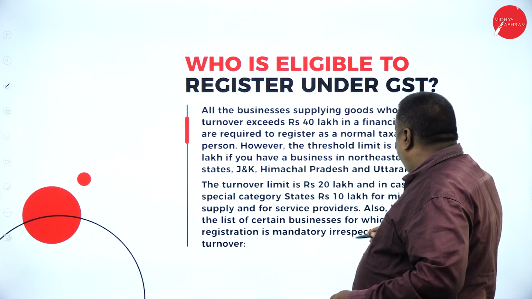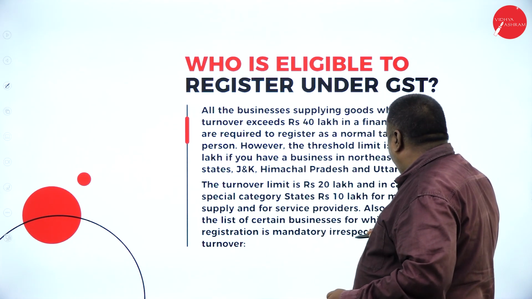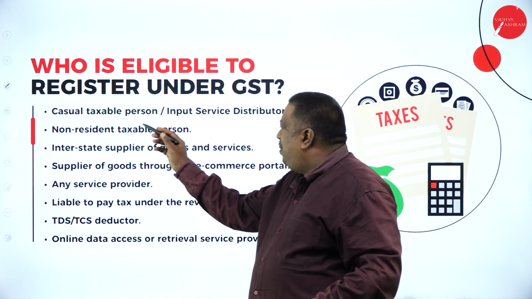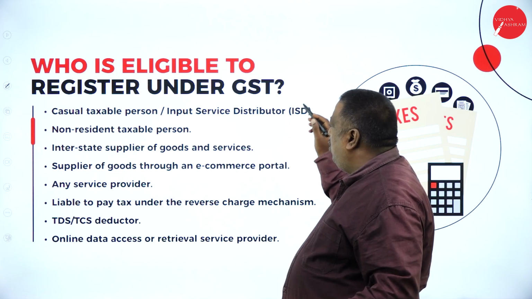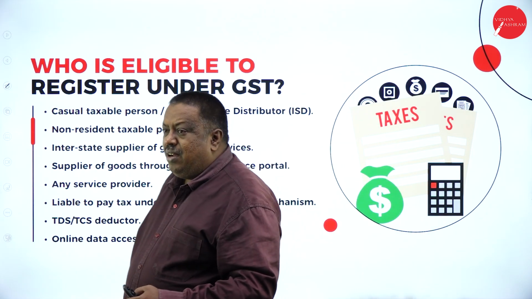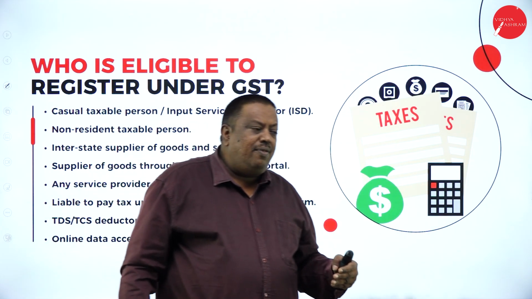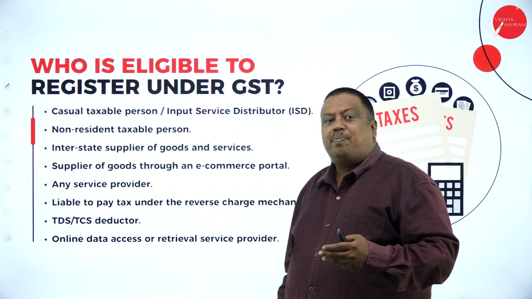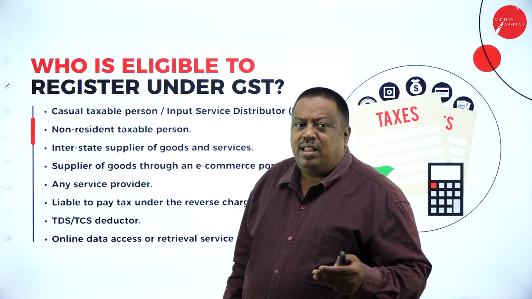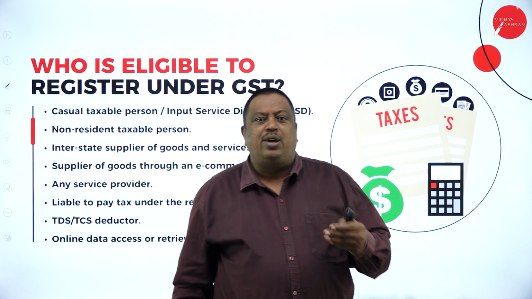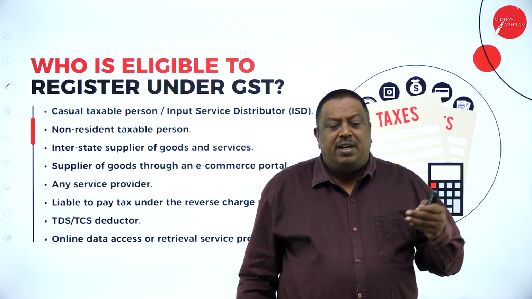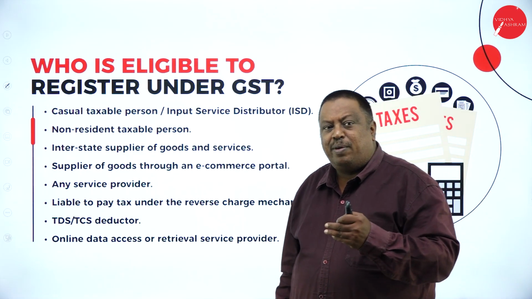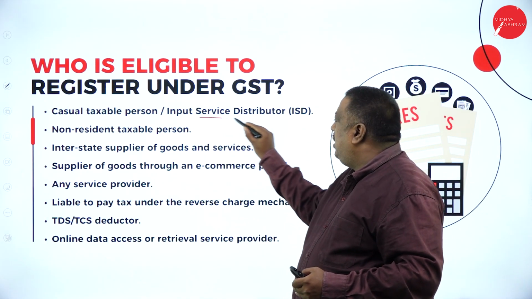Here is the list of certain businesses whose GST registration is mandatory irrespective of their turnover. First one, casual taxable person, and input service distributor. When we are doing business with more than one branch or any number of branches, the GST will be paid by the head office, and the person who has paid the GST from the head office is called an input service distributor.